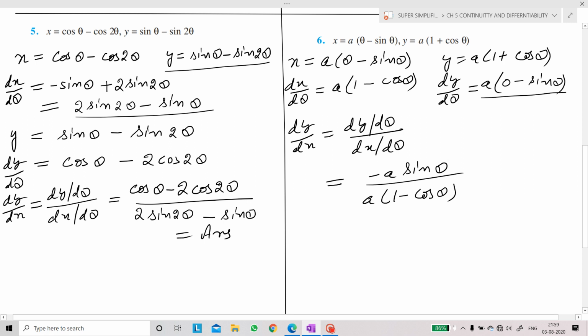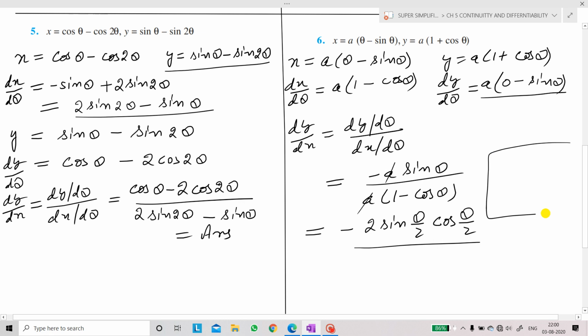Now we can further simplify this expression. You can see that we can cancel this a with this a, and using the rules of trigonometry, sine theta can be written as 2 sine theta by 2 into cos theta by 2.